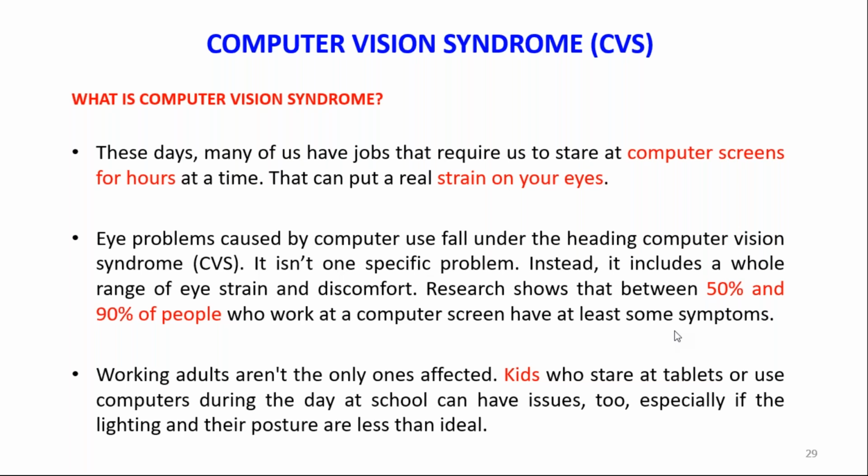If your screen has more brightness than normal, then you may have some symptoms. Normally it happens in the IT and electronic industry, and that is why we are discussing these safety aspects in the IT and electronic industry, and CVS is one of the disorders due to these postures or activities.